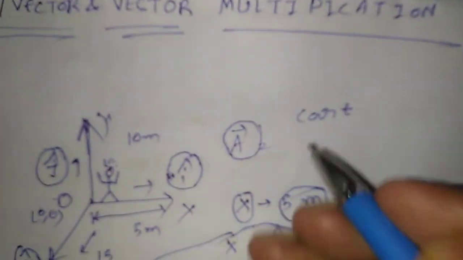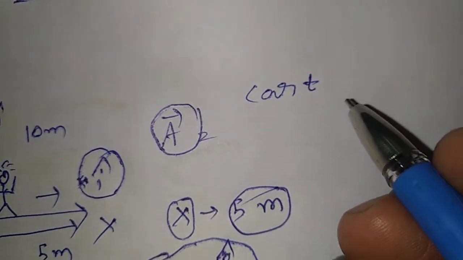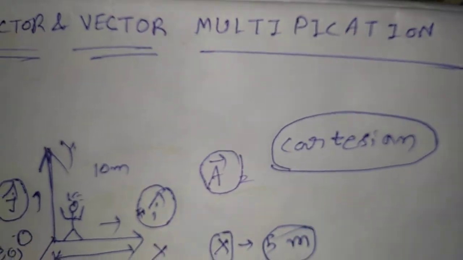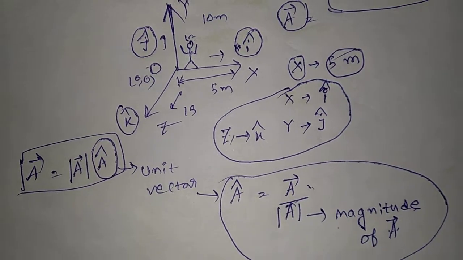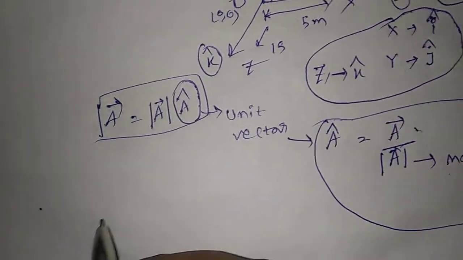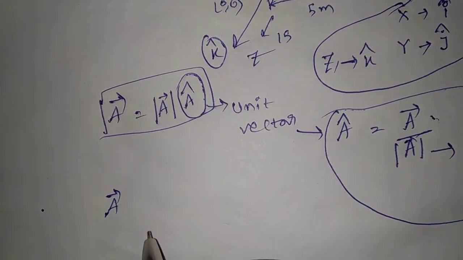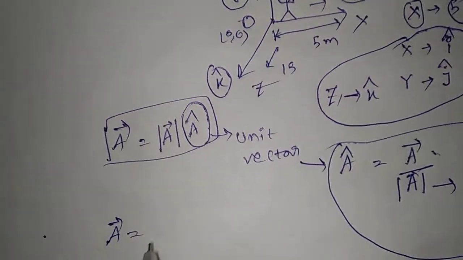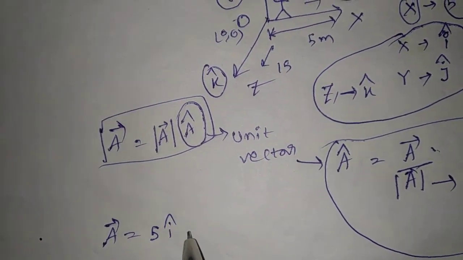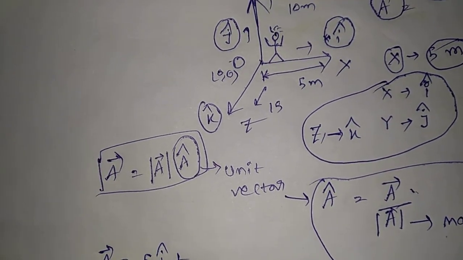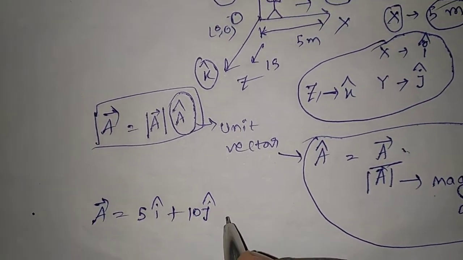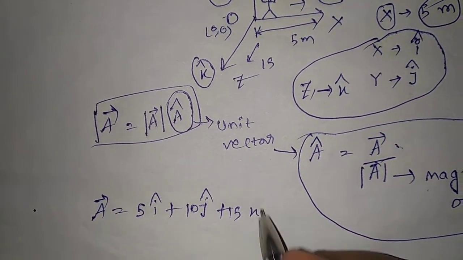I am calculating all these things as a portion of the Cartesian coordinate system. Now let us calculate a unit vector. A is such that the girl goes along the x-axis 5 I hat, along the y-axis 10 j hat, along the z-axis 15 k hat.